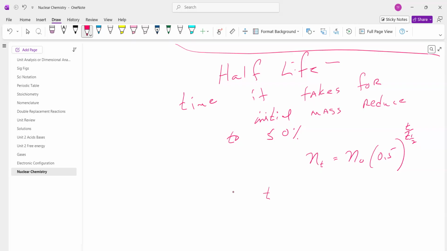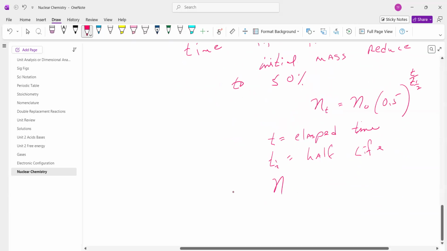Here t is the elapsed time, and t sub 1/2 is the half-life, which can be in any units of time, microseconds or centuries. It doesn't matter, as long as it's a time unit. Then n sub t is whatever the mass is at the elapsed time that you specify.